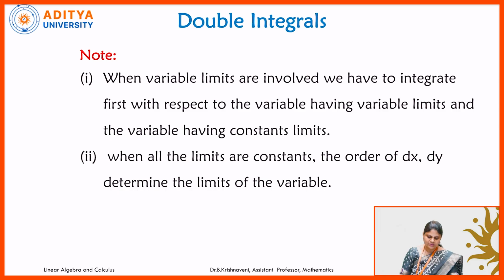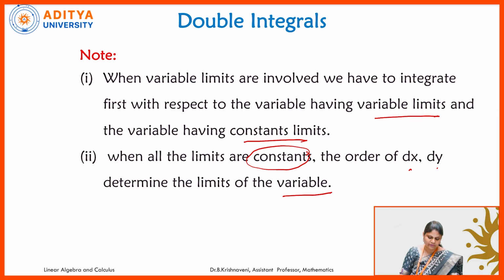Here you have to note some points to find double integrals. When variable limits are involved, we have to integrate first with respect to the variable having variable limits, as we just discussed, and then with respect to the variable having constant limits. When all the limits are constant, the order of dx, dy determines which limits belong to which variable.